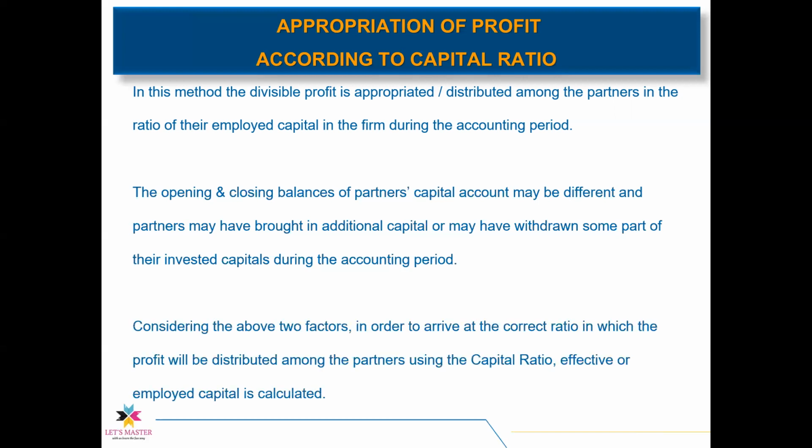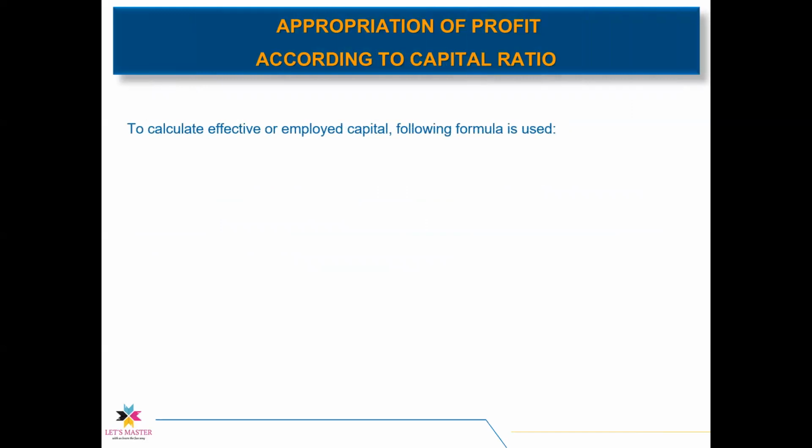Considering the above two factors, in order to arrive at the correct ratio in which the profit will be distributed among the partners using the capital ratio, effective or employed capital needs to be calculated. And how is it calculated?